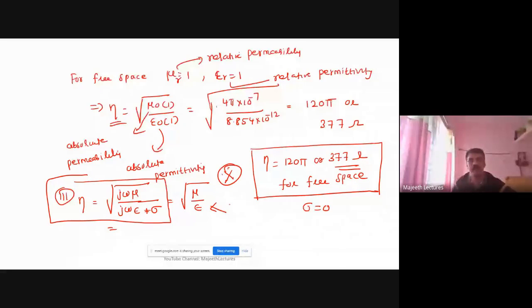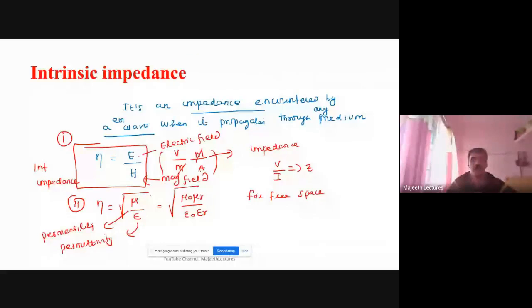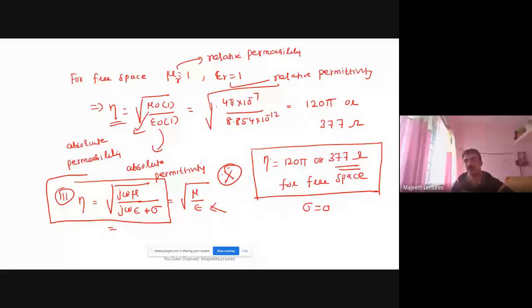You can use any formula depending upon the parameters given in the GATE problem. I hope you understand what is intrinsic impedance. So this is the impedance encountered when a wave propagates through any medium. The value for free space is 120 pi or 377 ohm. These are all the things you must remember.